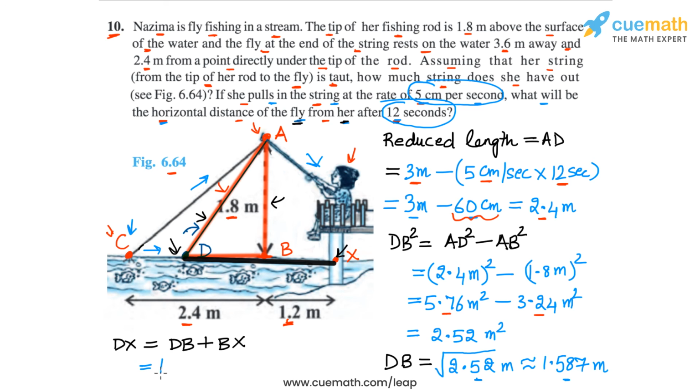DB is 1.587 meters and BX is 1.2, that we already know. BX is 1.2 meters. So the sum will be 2.787 meters, and we can round this off to 2 decimal digits as 2.79 meters. Okay, so the answer to this question is that after 12 seconds, the fly will be about 2.79 meters distance away horizontally from Nazima.